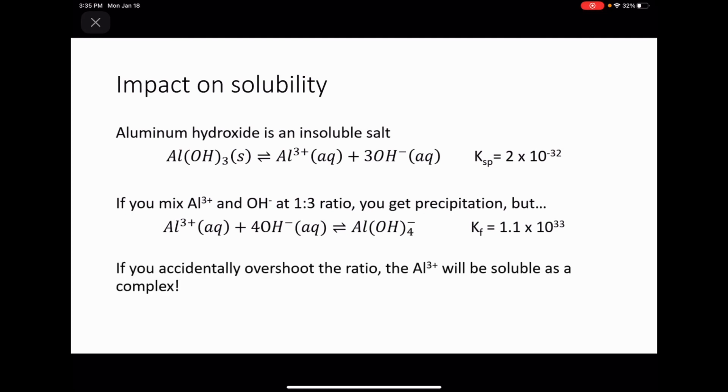And so if you were to accidentally overshoot that ratio, so if you're trying to precipitate out all the aluminum, and you overshoot with your hydroxide, you'll end up with a soluble complex, not an insoluble salt. Okay, they're different kinds of chemistry, but both of them have an equilibrium or thermodynamic aspect.